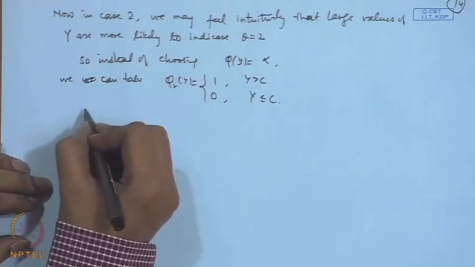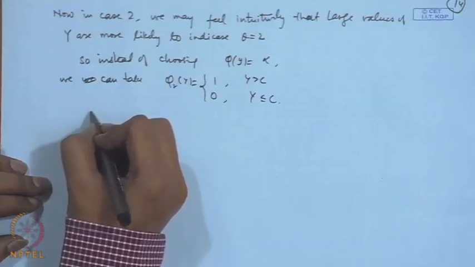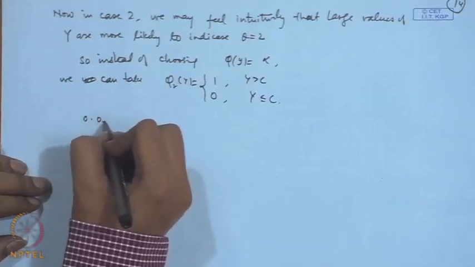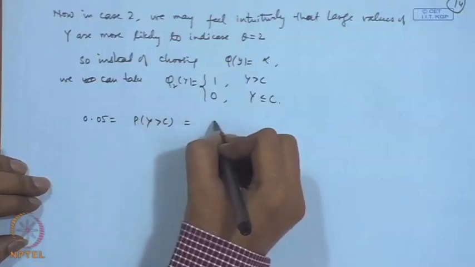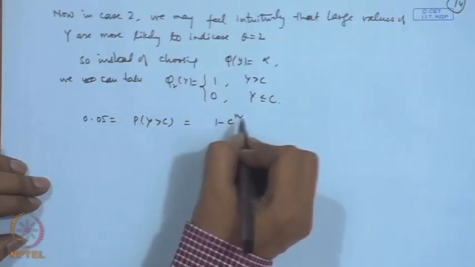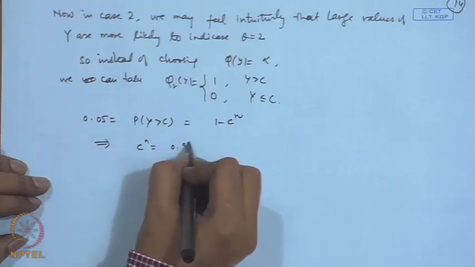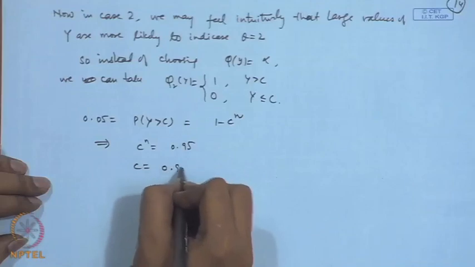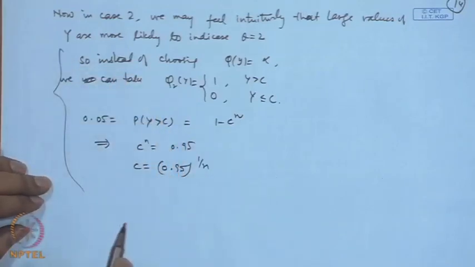And if we consider the probability of this, we are getting, say, 0.05 equal to the probability of Y greater than c, that is equal to 1 minus c to the power n. This means we can take c to the power n equal to 0.95, or c equal to 0.95 to the power 1 by n. So, this is an alternative solution here.